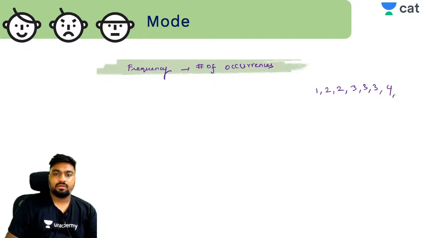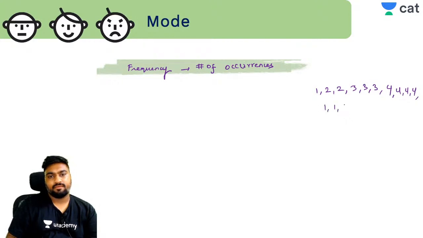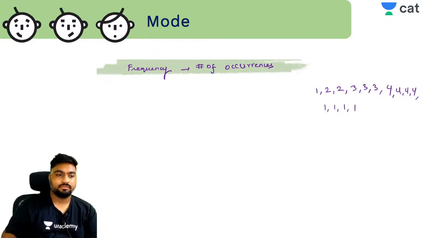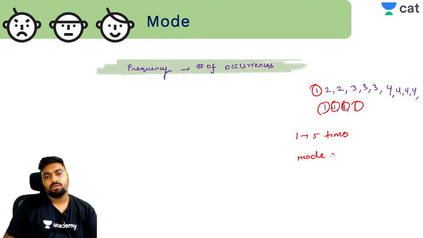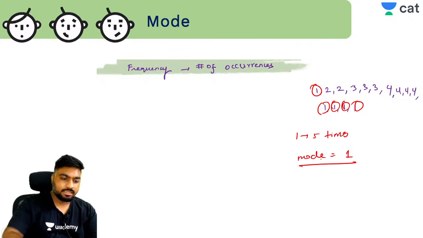Now look, if I say 4 appears 4 times and 1 appears 5 times overall, this is your set. So which is the most available term here? The most occurring term? 1. 1 appears 5 times, so this becomes the mode. Mode is 1. Understood?